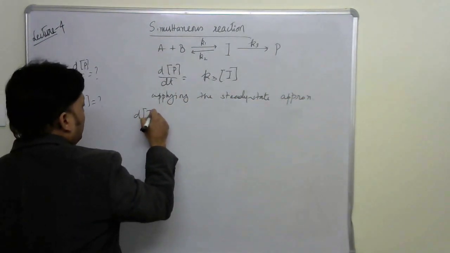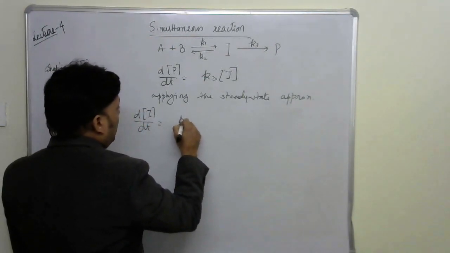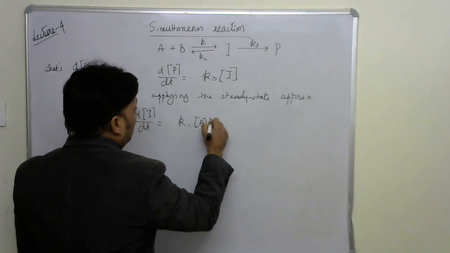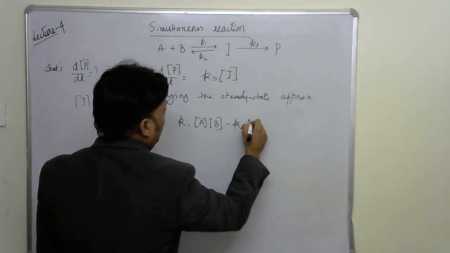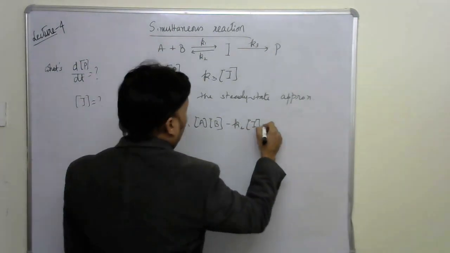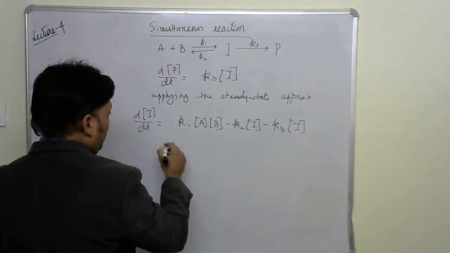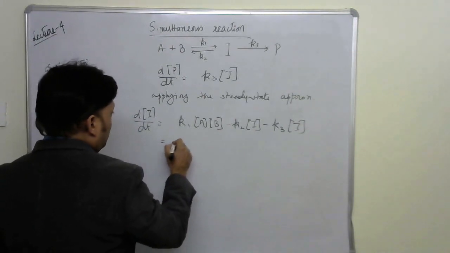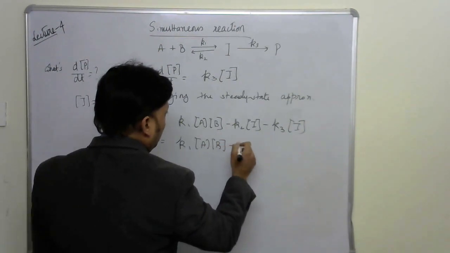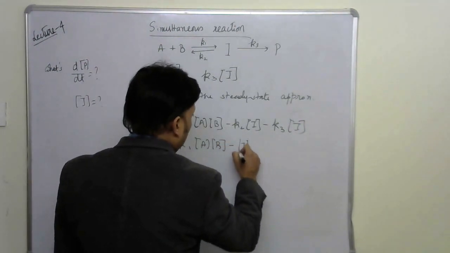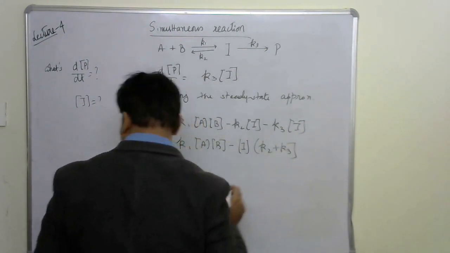So let's find out what is d[I]/dt. So d[I]/dt is equal to k1 multiplied by [A][B] minus k2[I] and then minus k3[I]. So therefore this gives me k1[A][B] minus [I] common (k2 plus k3).